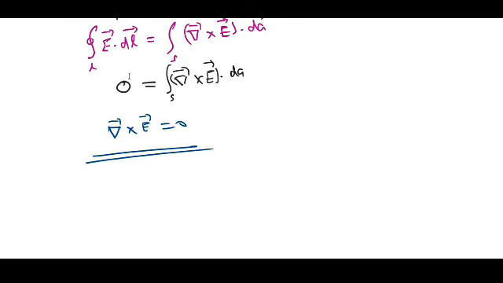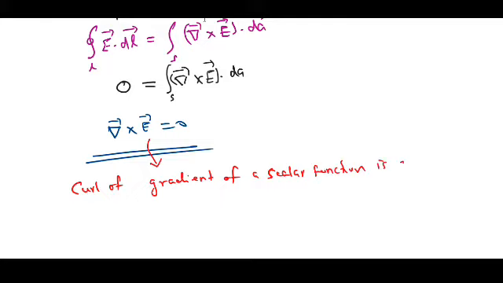That is, the curl of the electric field vector is 0. Curl of the electric field vector is 0 means we have already seen that we can express this as the gradient of a scalar potential. We know the curl of the gradient of a scalar function is 0.